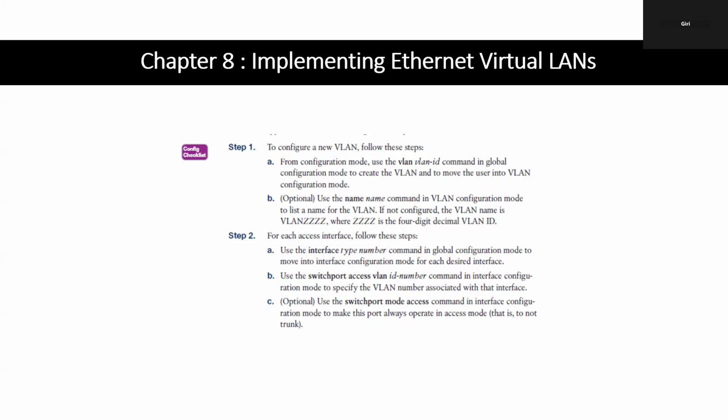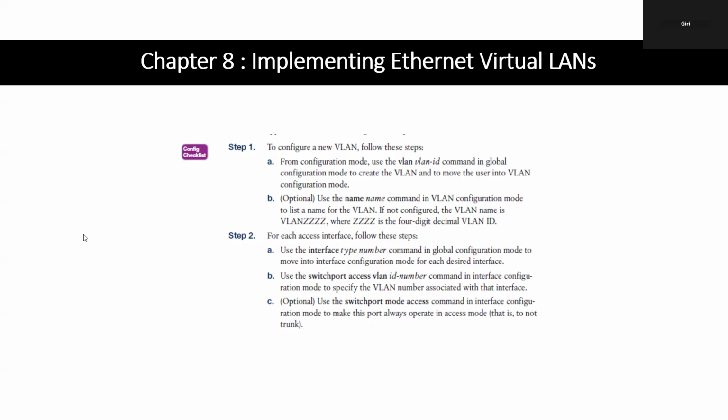For example, if it's VLAN 4 and you don't put a name on it, whenever you do a show vlan for verification, the name column is going to say VLAN0004. I highly encourage you to put a name whenever you create a VLAN. You can name it by its purpose, what it does, et cetera.